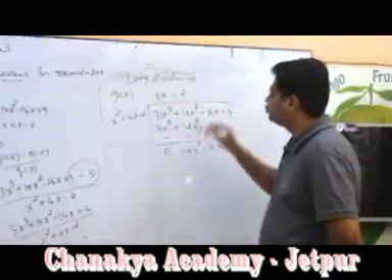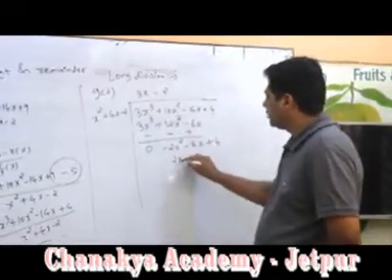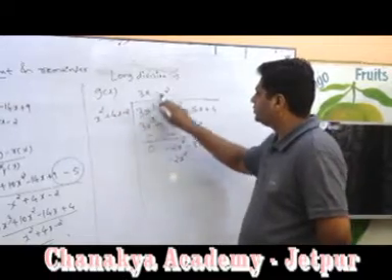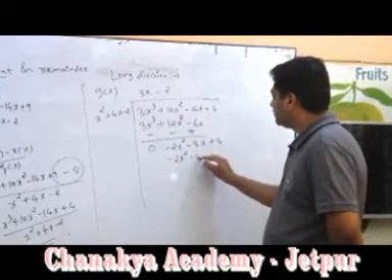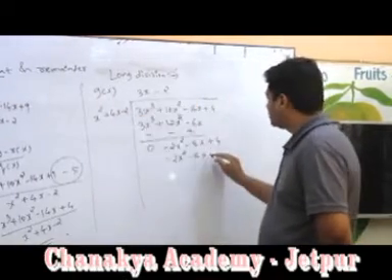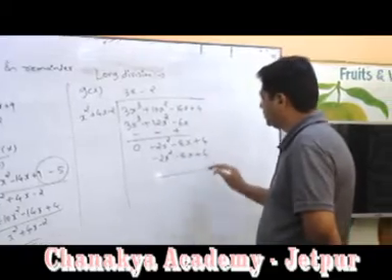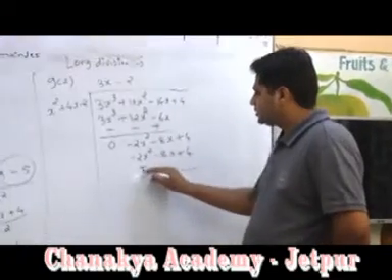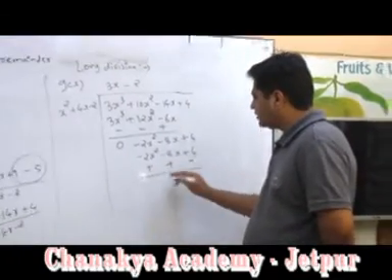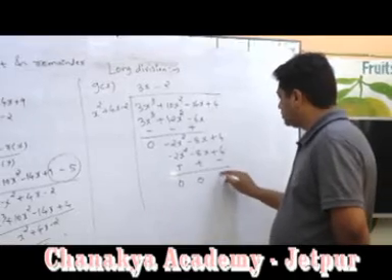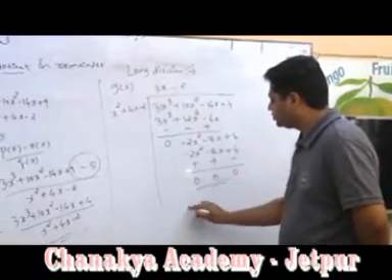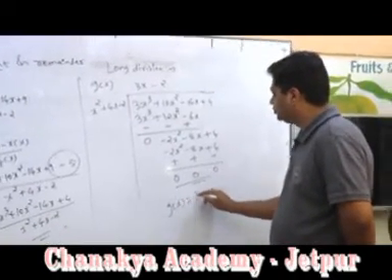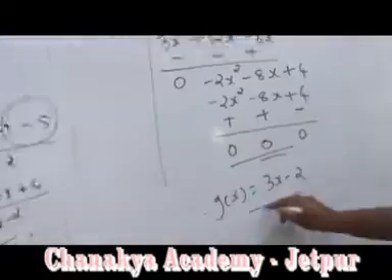Again, minus 2 times x square gives minus 2x square, 4x times minus 2 will give us minus 8x, and here plus 4. Now it's time to change the sign: 0, 0, 0. Therefore, g of x equal to 3x minus 2.